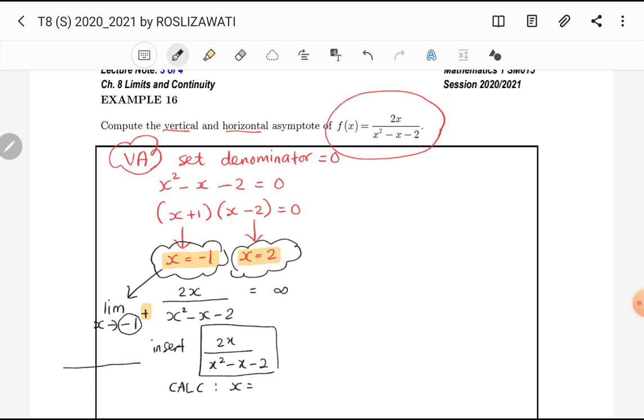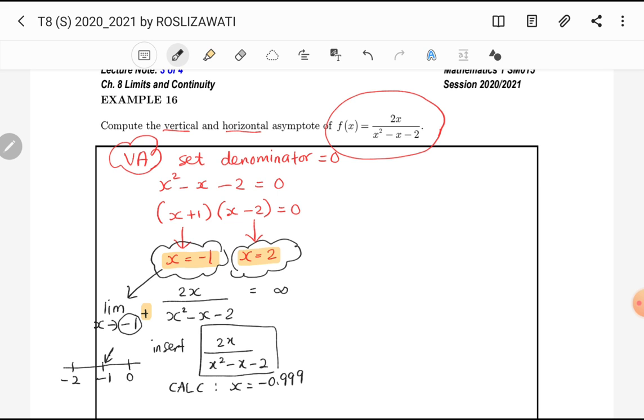Okay, negative 1. So this is negative 1, next is negative 2 and 0 on the right. Okay, so kalau negative 1 from positive, dia belah sini kan? Negative 1 from positive. So kita akan cuba ambil satu nombor negative 0.999. Okay, cuba masuk dalam calculator.